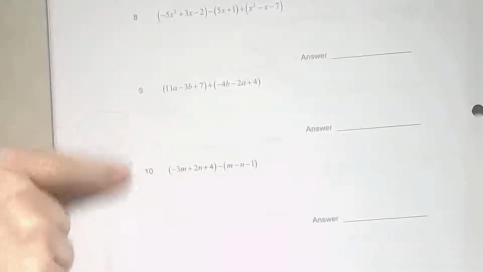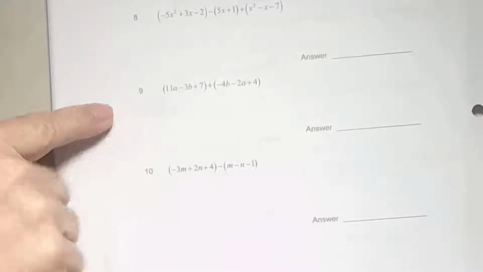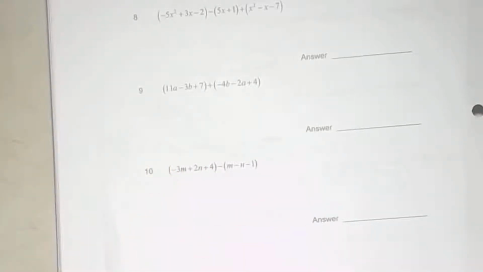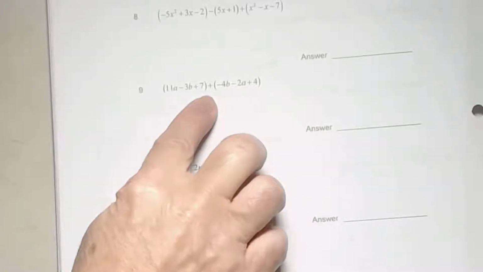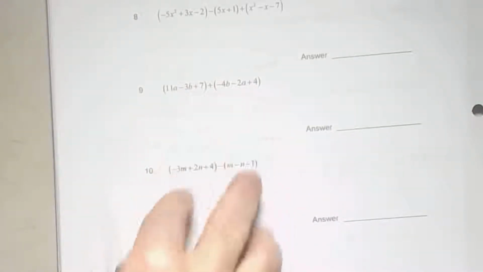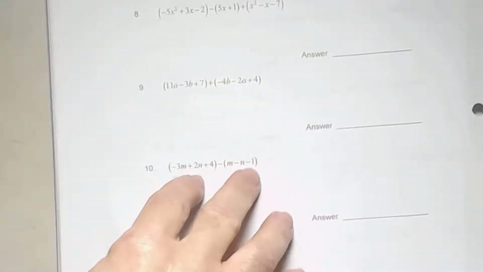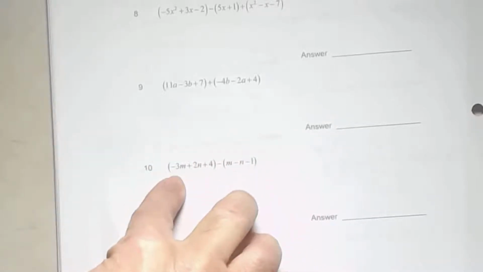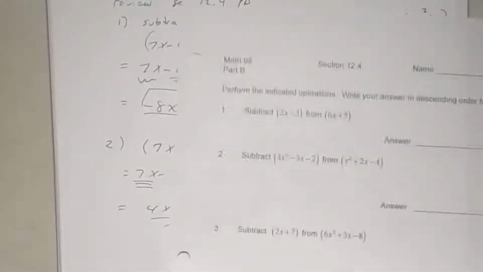But 9 and 10, you have 2 different variables. So you just combine them in any order you want to. Does not matter, and you're done. But remember, the ones you're adding 2 polynomials, and then this one you're subtracting a polynomial from another. Okay, so that was part B. So that's going to be due the last class period. Last class period. So make sure you have that for the last class period.